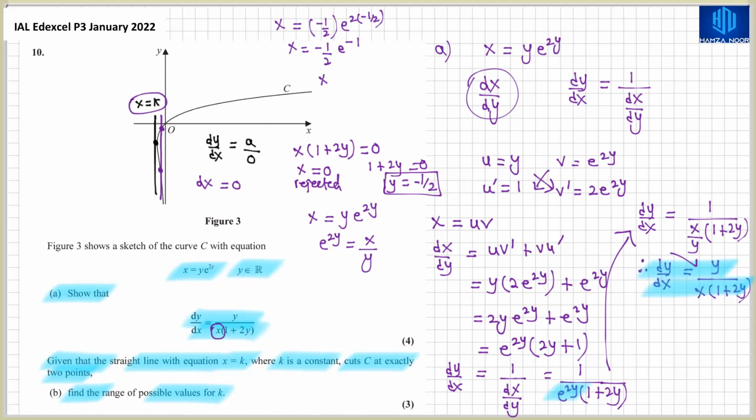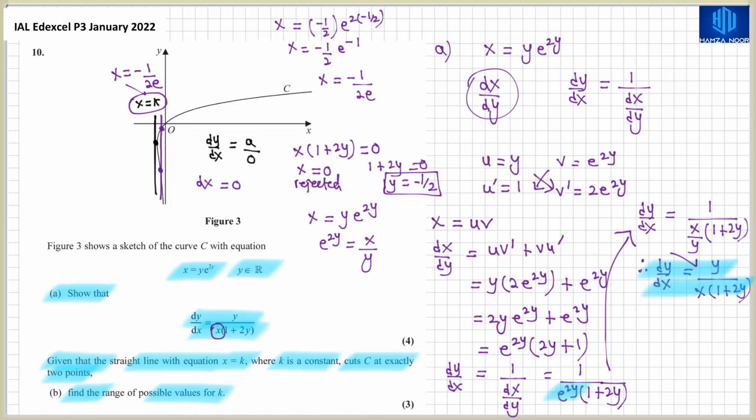So therefore x equals minus 1 divided by 2e. So now this is basically the equation of this vertical black line: x equals minus 1 divided by 2e.